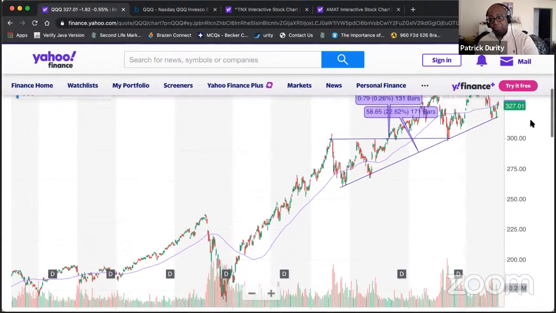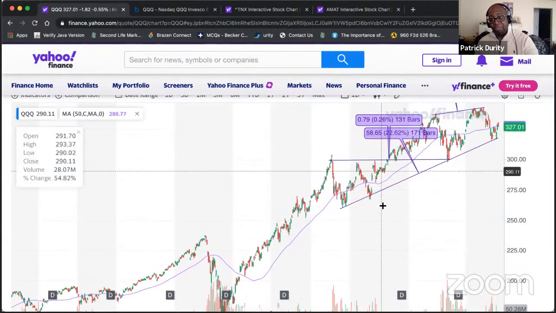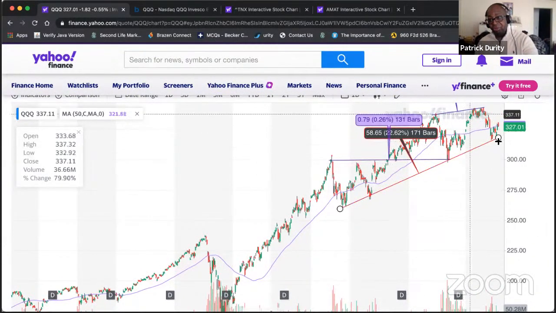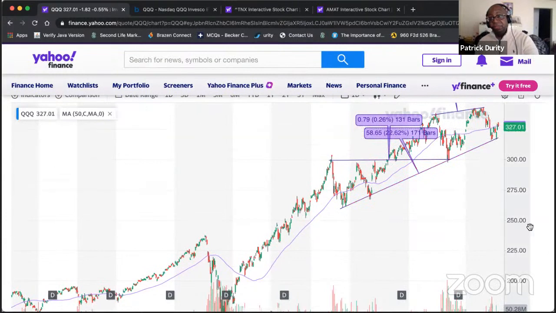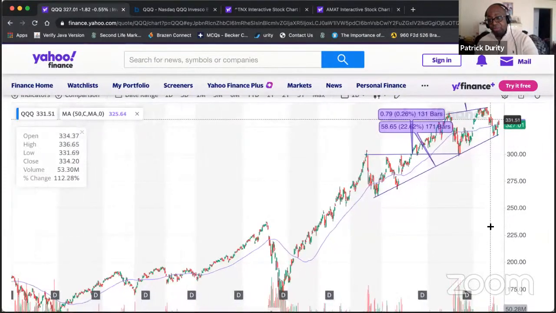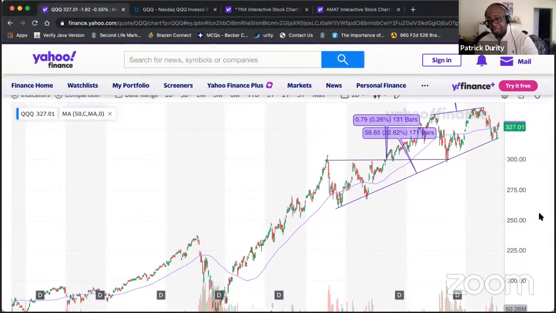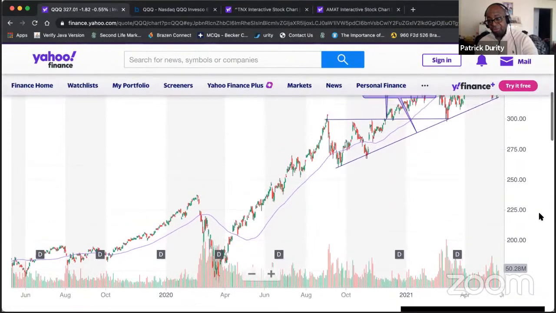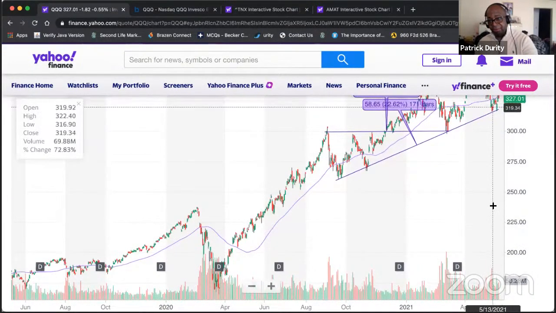This bottom trend line has been intact since September, all the way through now. The inflation fears started to crop up maybe a couple of weeks ago, earlier this month. So this is about May, right in here.